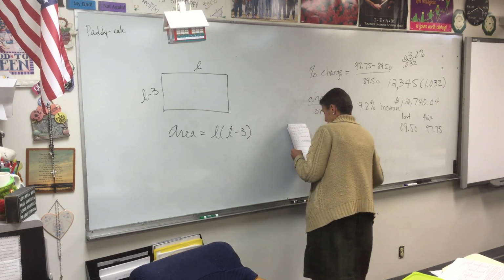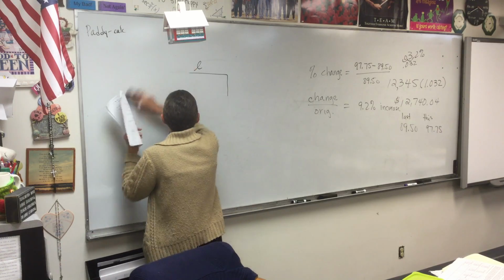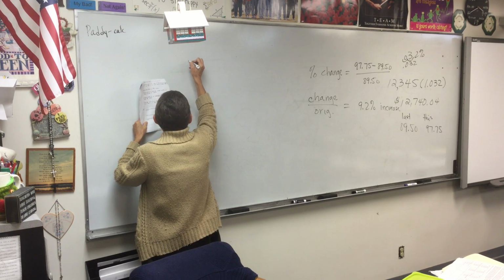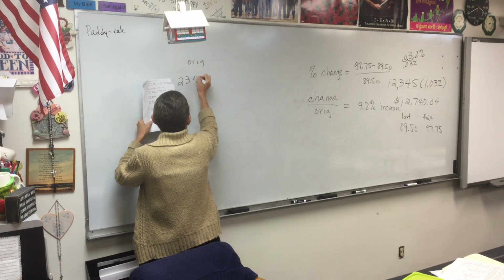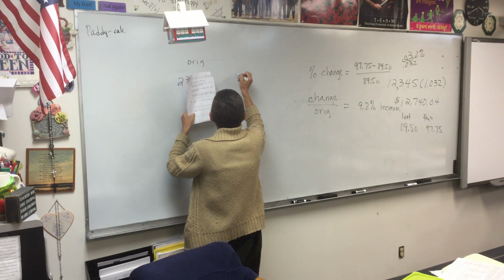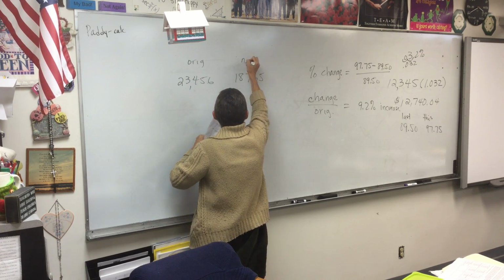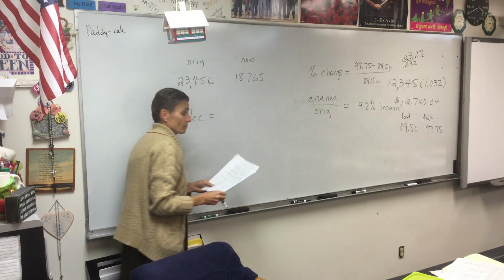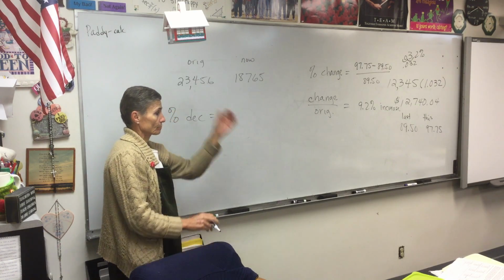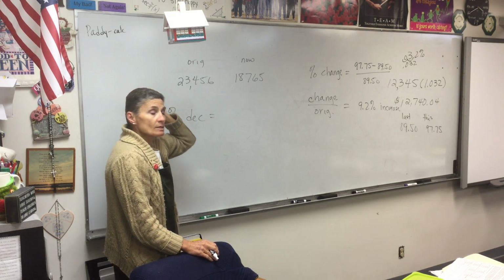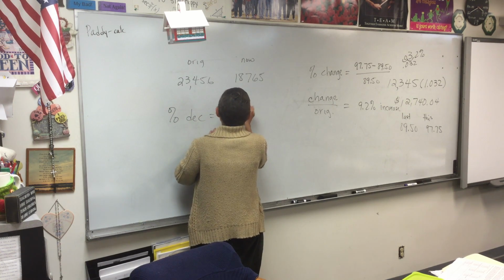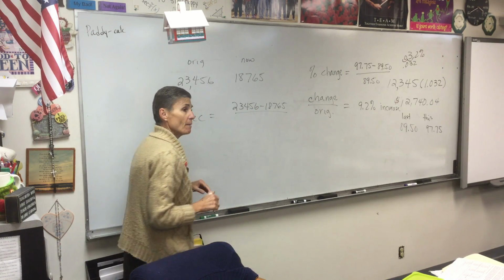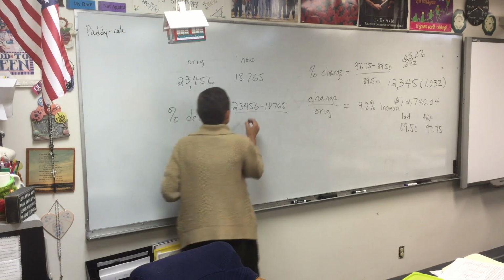All right, one more. Same kind of problem. Here we go, last one. Originally, it was 23,456, and now it's 18,765. And we want to find the percent decrease. Okay, so how do we do that? Subtract. So we'll take 23,456 minus 18,765, and then what do we divide by? 23,456.